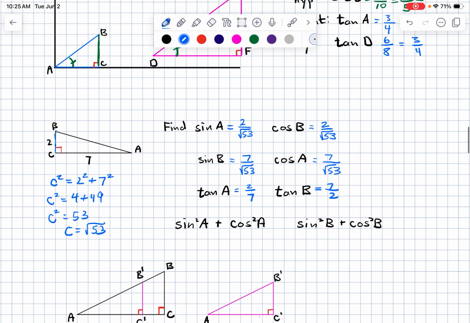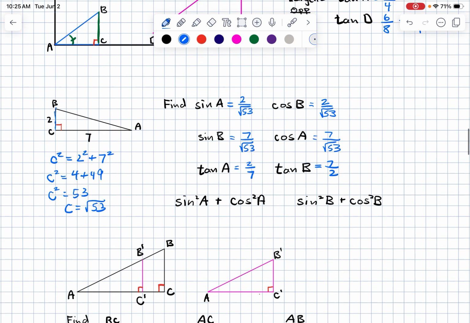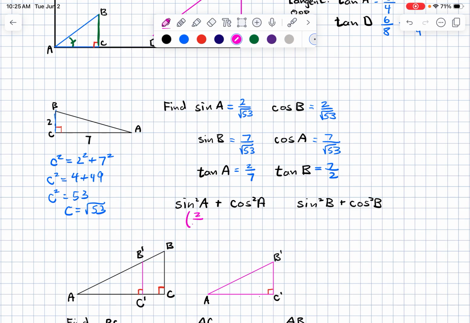Okay, moving right along here. A lot of material here. Now, I want to look and see what happens when I take sine A and square it. If I take sine A and square it, and I add that to cosine A and square it, let's see what I get.